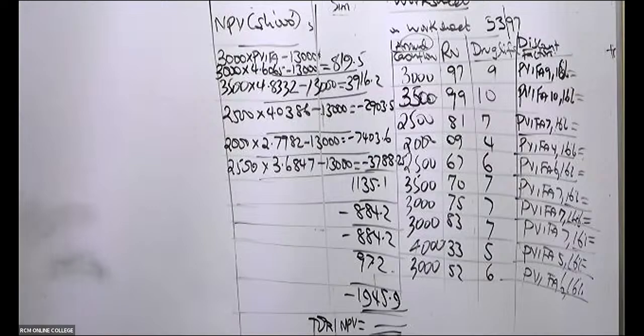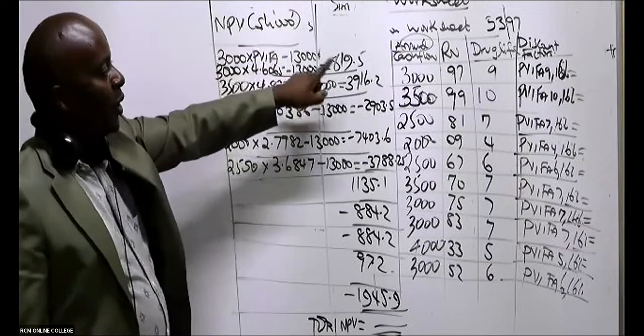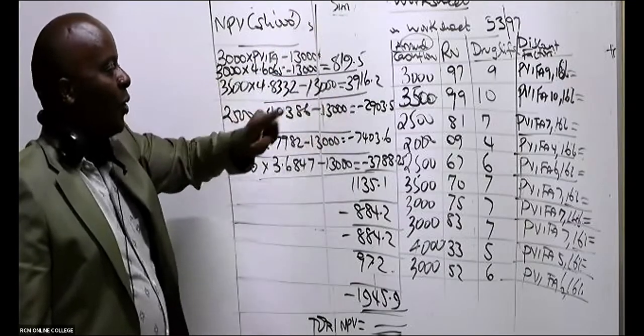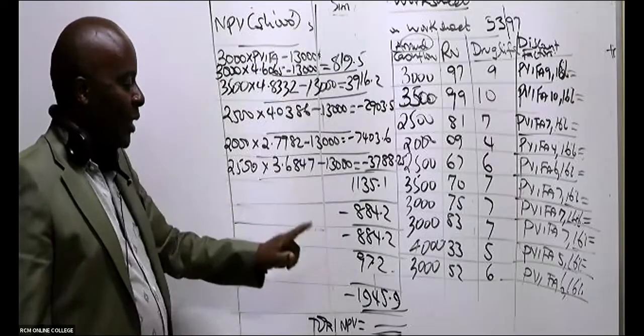So for the total net present value, you add all of them. So this is 819.5 plus 3916.2 minus this 2903.5 minus this, minus that, plus that, minus that, minus that, plus that, minus that.